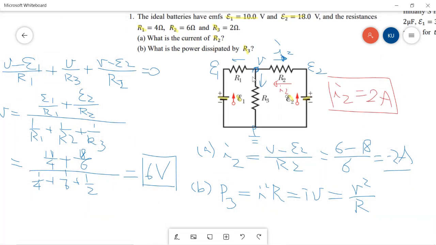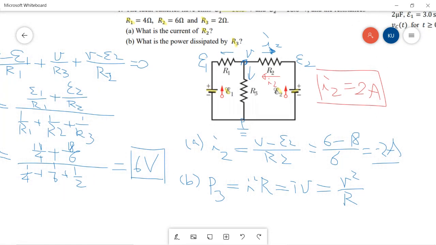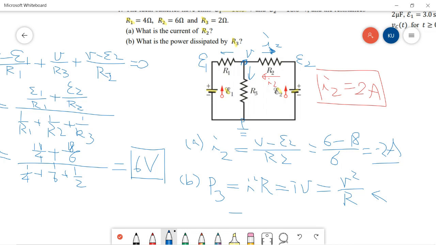And actually, we observe R3 is here, so we already know what V is. So we can just simply use V squared over R, because we already know V is 6 volts.